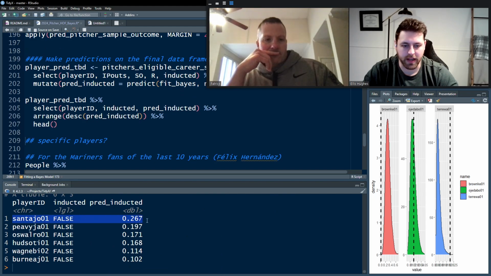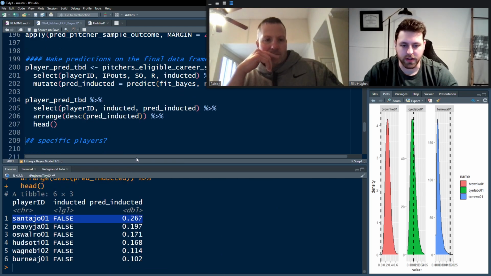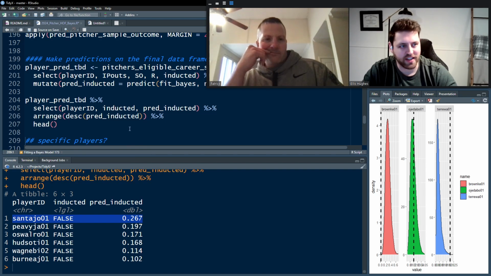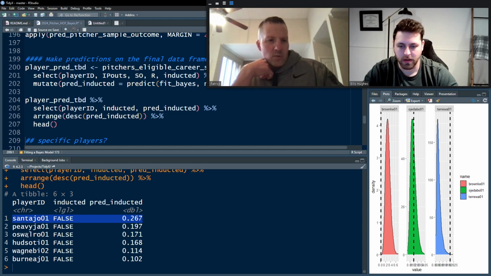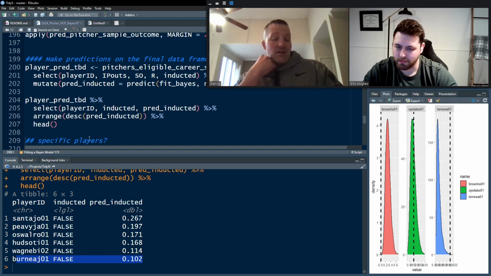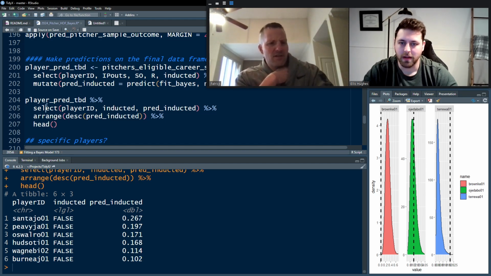So this player we've determined has a 0.26% chance of getting into the Hall of Fame. Jose Santana, maybe, and then Jake Peavy, Roy Oswalt, Tim Hudson, Billy Wagner, and I don't know the sixth player. I'm not sure who that is.